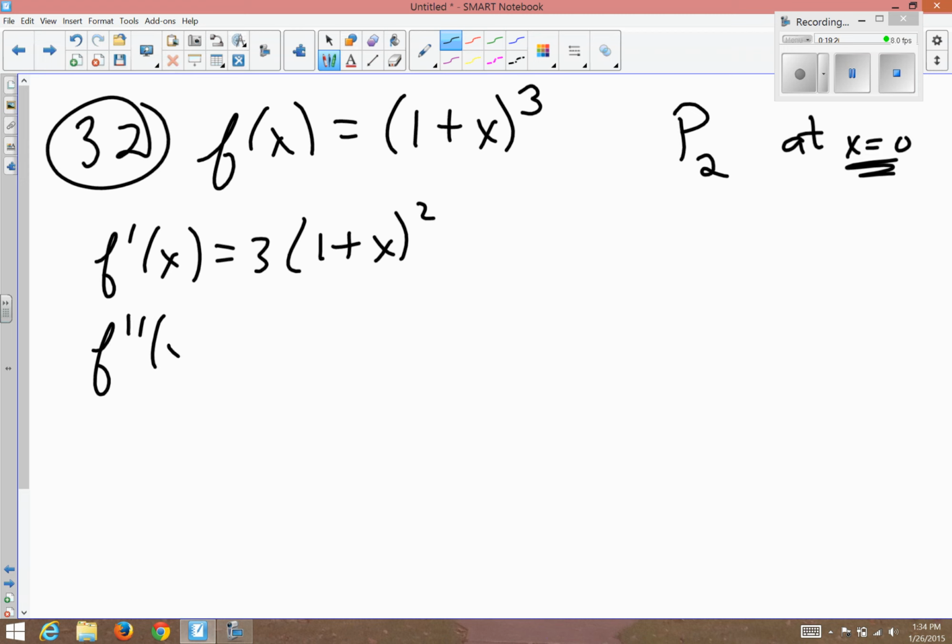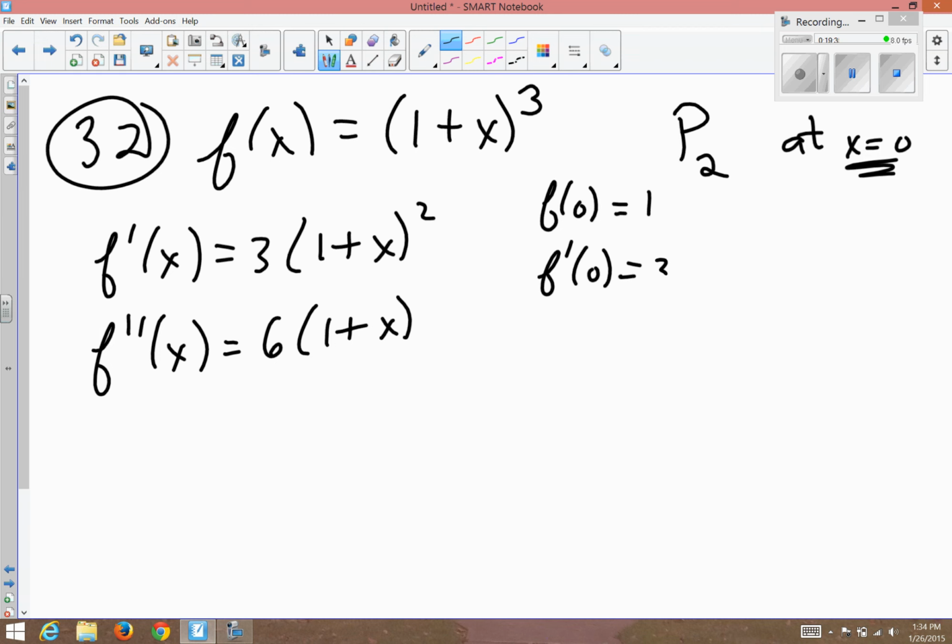The second derivative is going to be 6 times 1 plus x to the first power. The function evaluated at 0 is 1, the first derivative evaluated at 0 is 3, and the second derivative evaluated at 0 is 6.